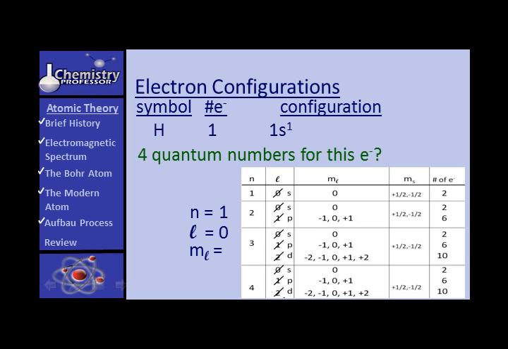And what is the value for M sub L? Well, the value of M sub L, the only one that's available right there, is 0. Okay, and the last one? What is M sub S? What is the spin? That's a good question. Do we choose +1/2 or do we choose -1/2? I think there's something else we need to look at.